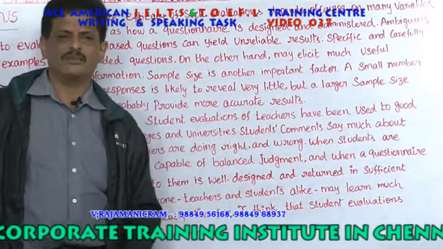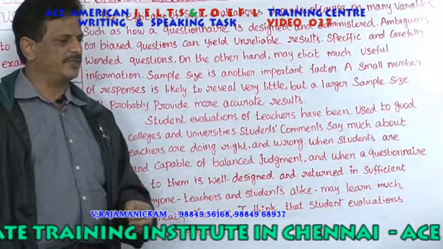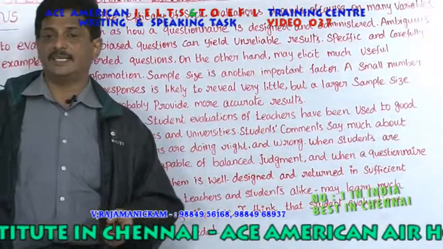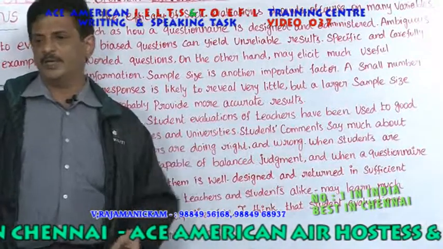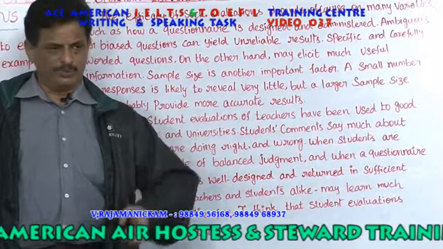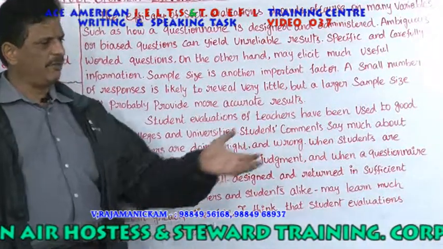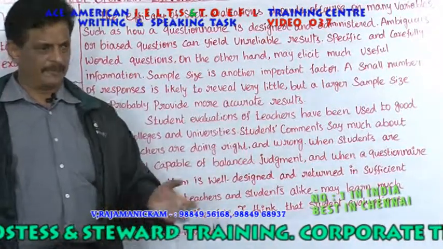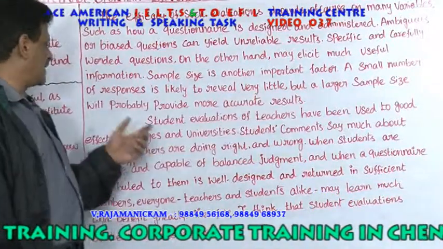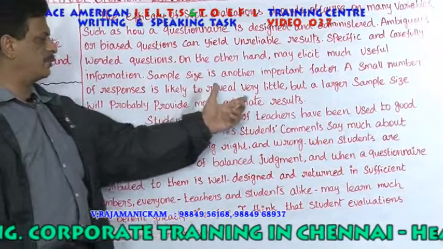If you take a small number of students and give a questionnaire, and if sections A, B, C, D are there, 4 sections in 10th standard, and you give the questionnaire to one or two sections, you will not be able to get a correct answer. You have to take the sample as big as possible, because a larger sample size will probably provide more accurate results.